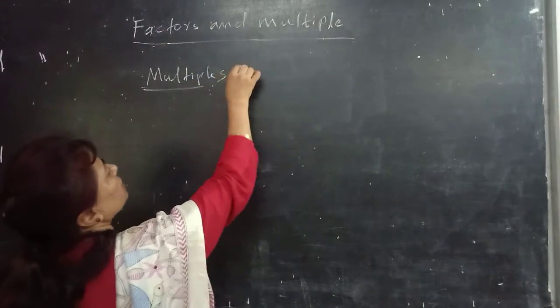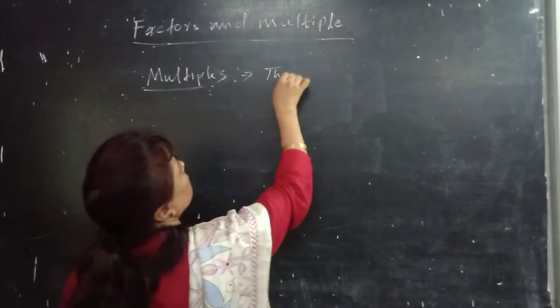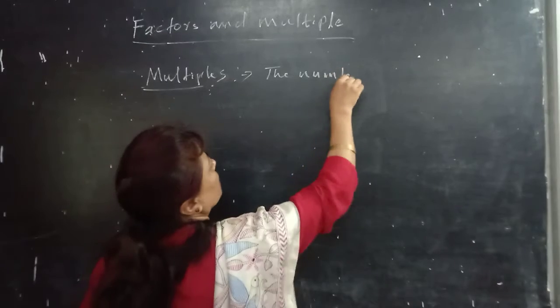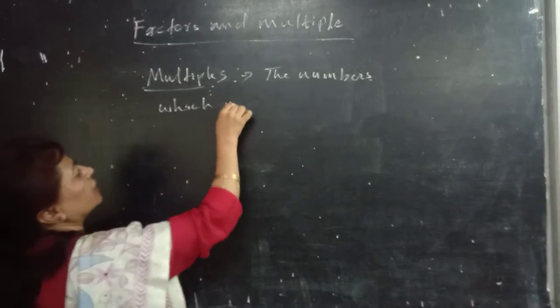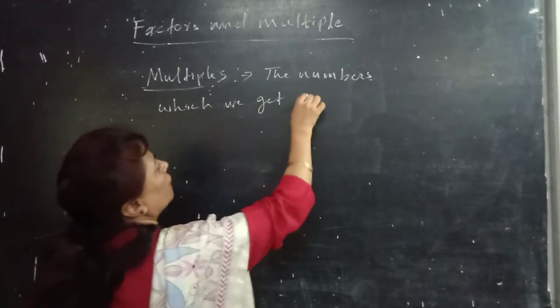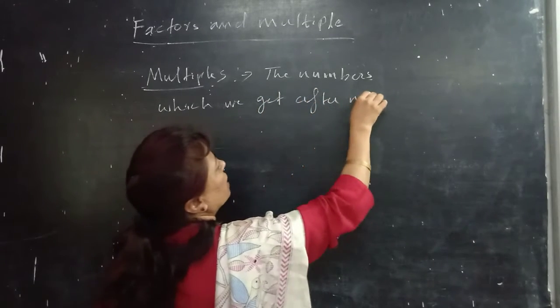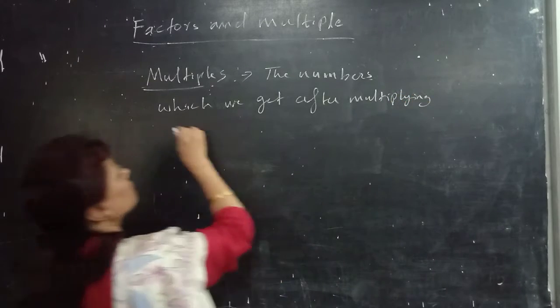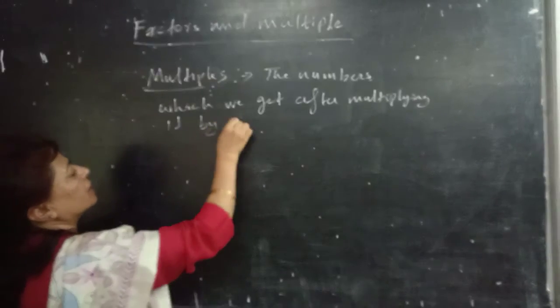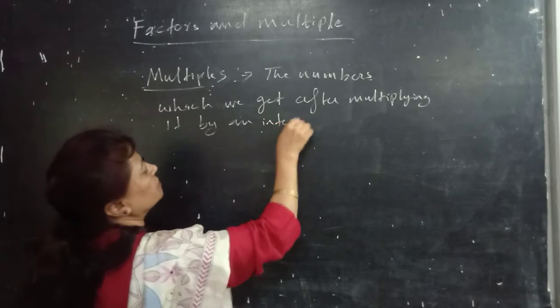What are multiples? The numbers which we get after multiplying it by an integer.